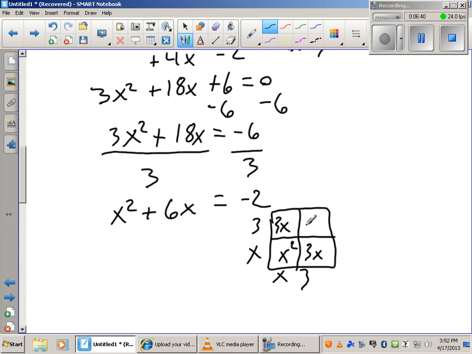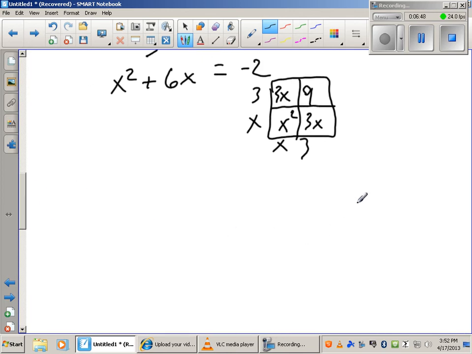Okay, now we want to take that 9 and add it to the left side and to the right side to create our c term. X squared plus 6x plus 9 equals negative 2 plus 9 is 7.